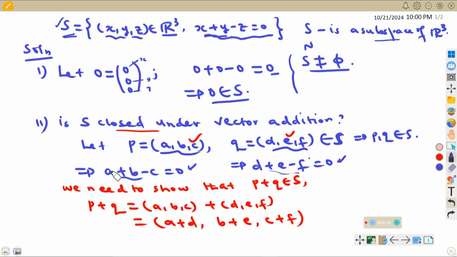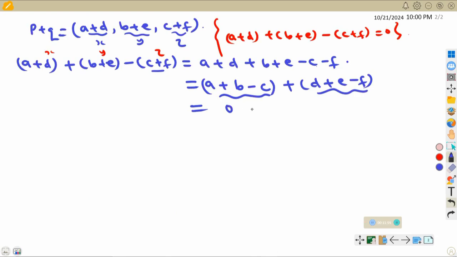We have already defined that A plus B minus C is equal to 0 and D plus E minus F is equal to 0 by the fact that P and Q are elements of S. So in other words, here I can put 0, then this one is also 0.